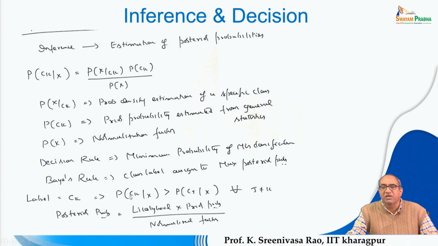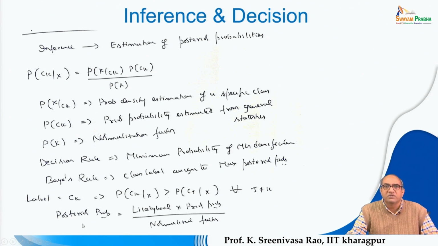That means we estimate all the posterior probabilities and pick the one which is highest, and that class Ck is assigned.